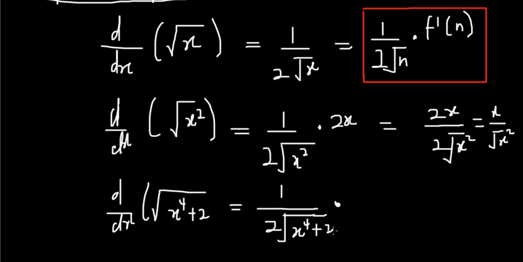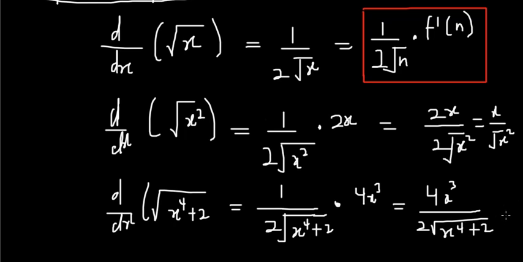So when you differentiate x exponent 4 plus 2, you end up with 4x cube, because when you differentiate 2, you end up with 0. So you could just simplify this as 4x cube divided by 2 root x exponent 4 plus 2. This could be your final answer.